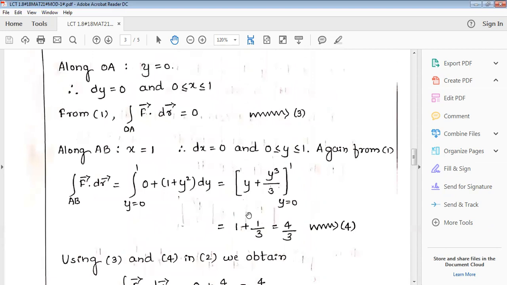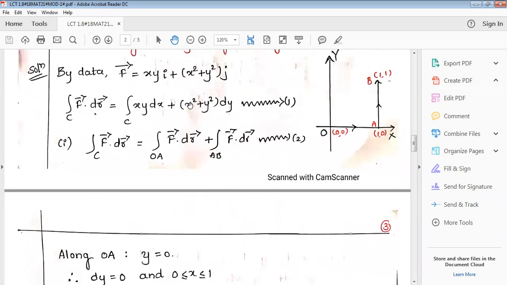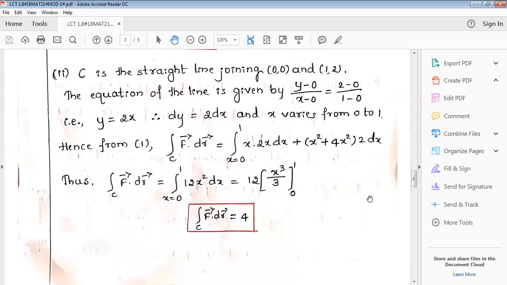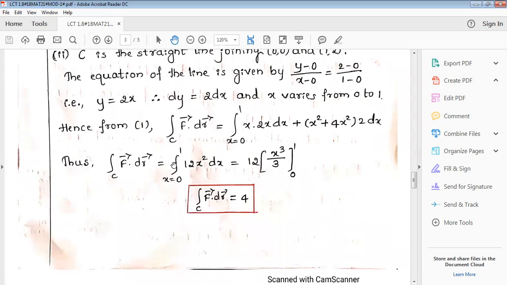So x as it is, y is 2x, so it is 2x² dx plus (x² plus y²), that is 4x² plus x², into dy, which is 2 dx. When you simplify, you will get 12x² dx, with limits from 0 to 1. Therefore, the integral over C of F dot dr is equal to 4. This means the force from the origin to (1, 2) is 4.